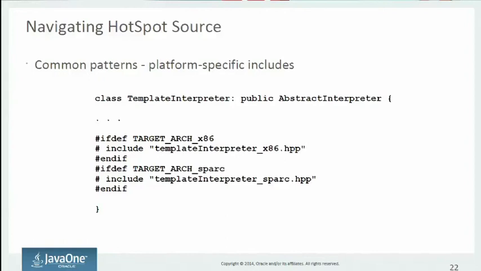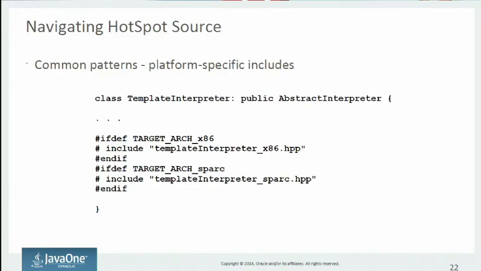So instead of creating subclasses of a given larger abstract class to represent different platforms, instead we do these kinds of crazy include things where we define a class, but we suck in files that define platform-specific behavior for that class. The net result of that is there are places in Hotspot where a given class can have, I won't say widely different, but some significant differences in how it functions and what it does from one platform to the other.